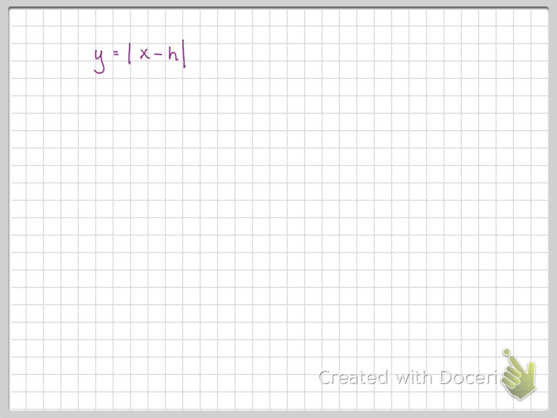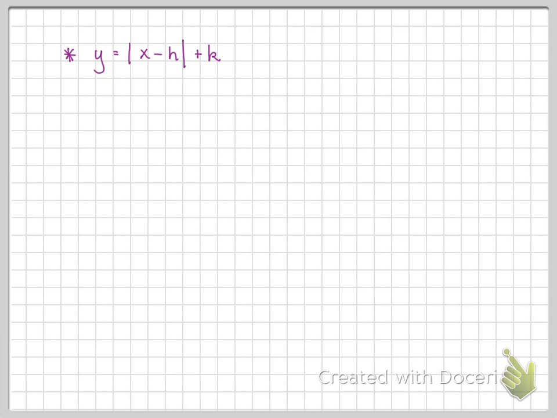Okay, now we're going to do everything at one time: |x minus h| plus k. Now, of course, the plus is not always a plus. It could be a minus, which means that we're moving down. But again, this is just standard form.